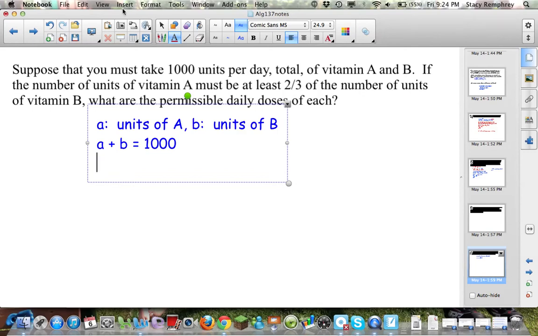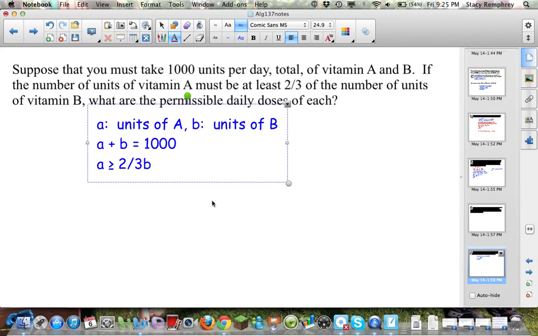But it says here, the number of units of vitamin A, okay, that's represented by A. So the number of units of vitamin A must be at least, which means greater than or equal to, 2/3 of B. So this looks a little different because you guys are used to a number A, a number B. So make sure you read what it says and just very literally, what represents this?